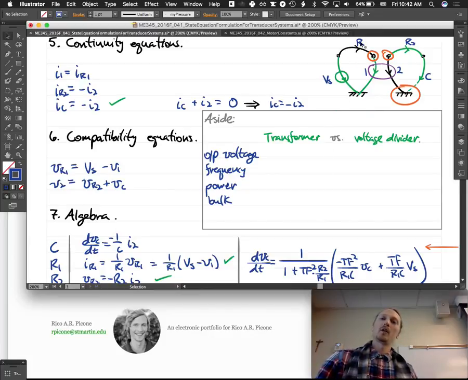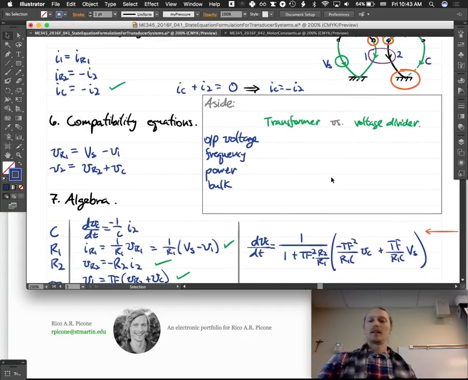VR1 has to be equal to VS minus V1, right? And that is what I wrote there. V2 is this one. It has to be equal to VR2 plus VC, right? And they're already solved for the secondary variables if we write them like that, in that method. So that's what I like to do.